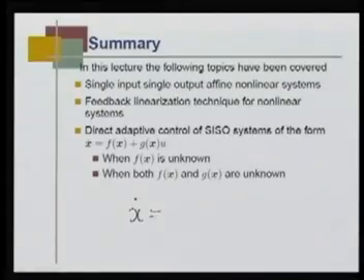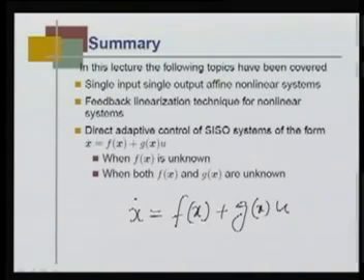To summarize, you learned today about an affine system, which in general has the form f x plus g x u. Here in this case this is a vector, this is a vector, and this is a vector.